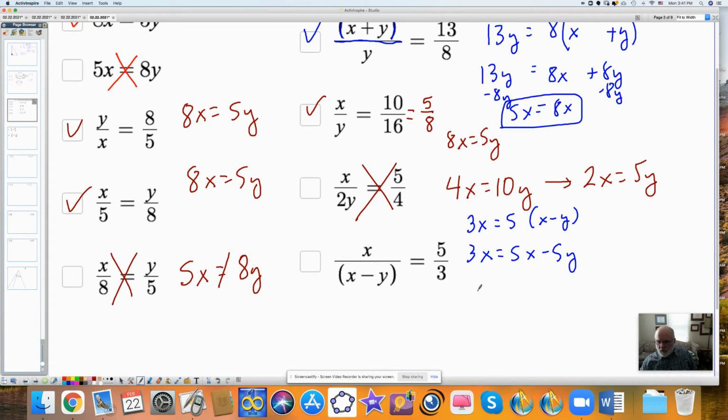I will subtract 3x from both sides. 0 is equal to 2x minus 5y, and add 5y to both sides. 5y is equal to 2x. If you had added 3x here to both sides and said that's equal to 0, that would be incorrect. That would be 6x. But that would give you the 8x, and that's what we were looking for, 8x is equal to 5y. This is incorrect. This does not work.